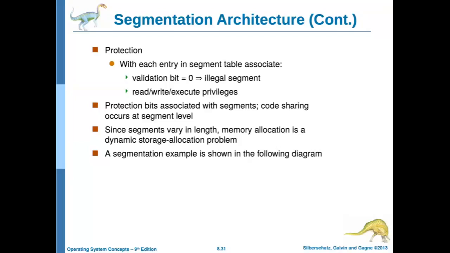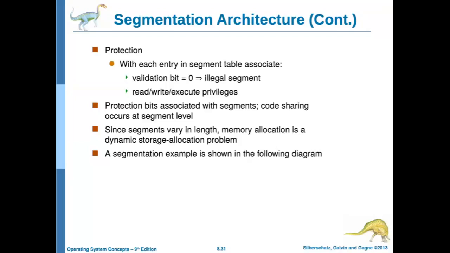In addition to this, each entry in the segment table will have some sort of validation bit. We'll definitely see an example on this validation bit. And if this validation bit is equal to 0, then we'll treat that as an illegal segment. Why is it so?